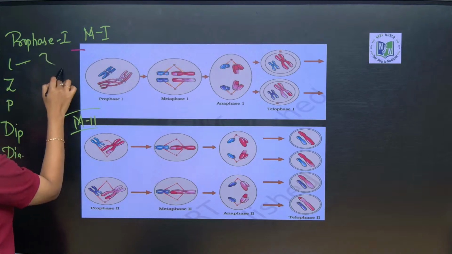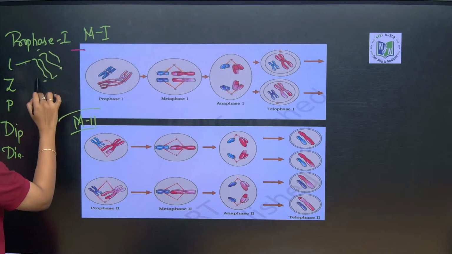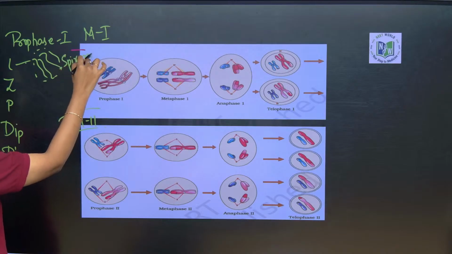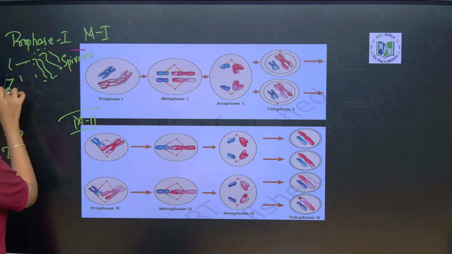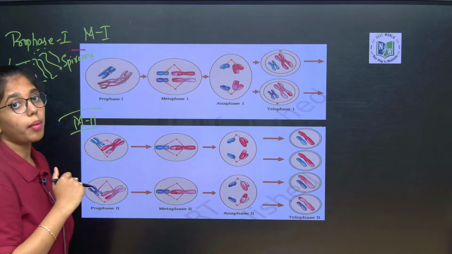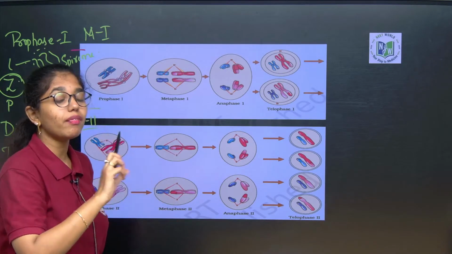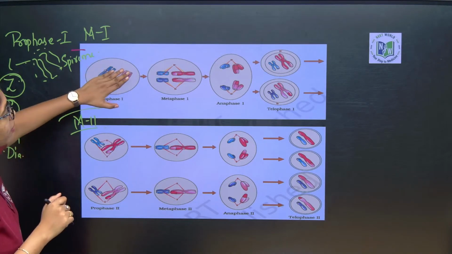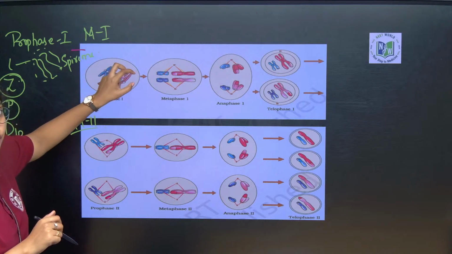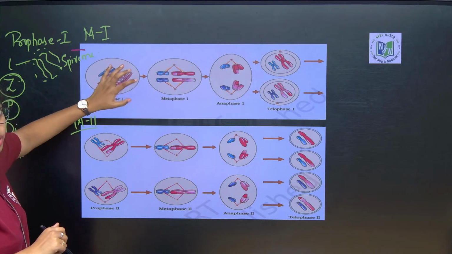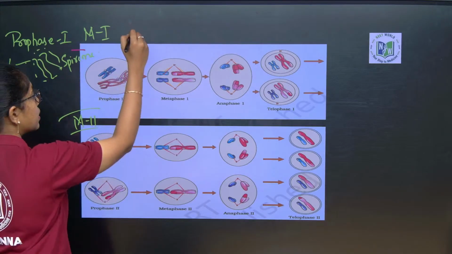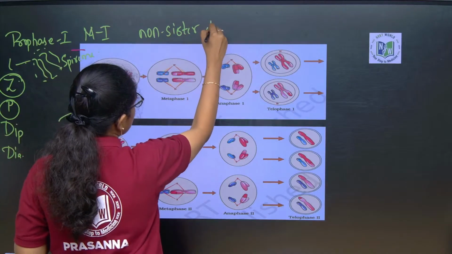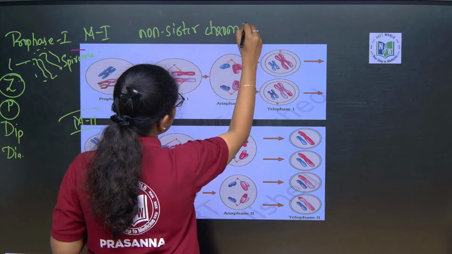In leptotene, chromatid formation will happen, and they will be attached to the membrane. This we call the bouquet stage. In zygotene, synaptonemal complex formation, tetrad formation and bivalent formation take place. In pachytene, these bivalents form recombination nodules between the non-sister chromatids of homologous chromosomes.